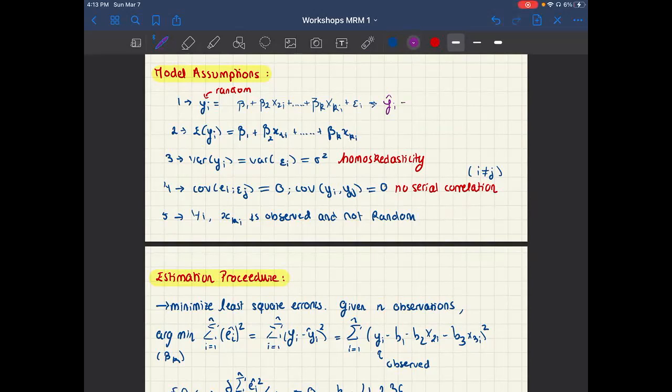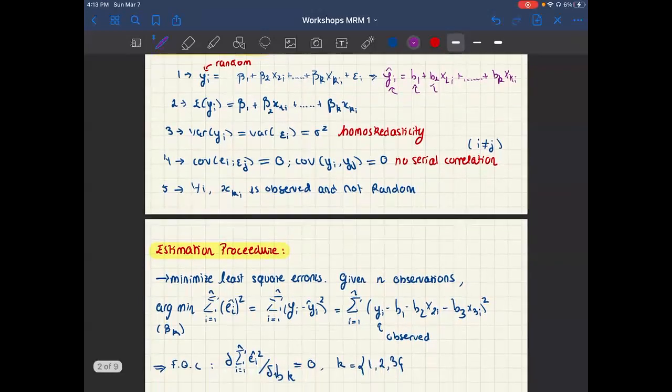So we're going to estimate those parameters. We have an estimate for y_i, which is y_i hat, equal to b1 plus b2 x2i and so forth up to bk xki. So y_i hat is our predicted value for y_i, and it's based on the predicted values for beta 1, beta 2, beta k, which are b1, b2 up to bk.